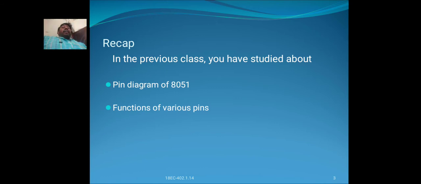The 8051 microcontroller has 40 pins and it operates with a 12 megahertz clock and a 5 volt supply.